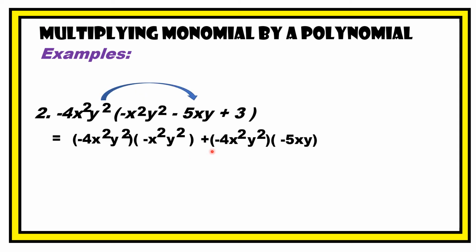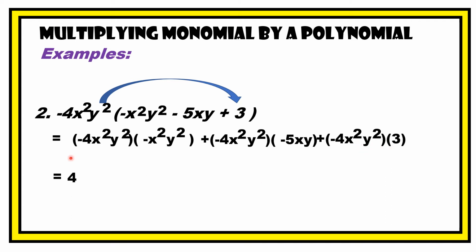Next, negative 4x squared y squared times negative 5xy. Then, negative 4x squared y squared times 3. So, this time, multiply natin yung negative 4 times negative 1. So, we have positive 4.